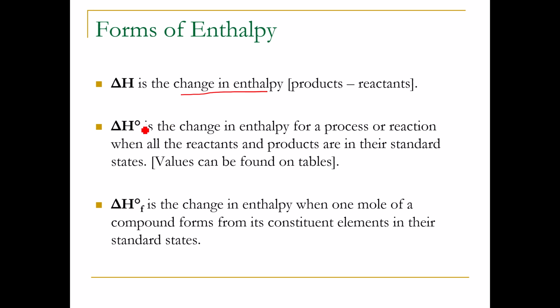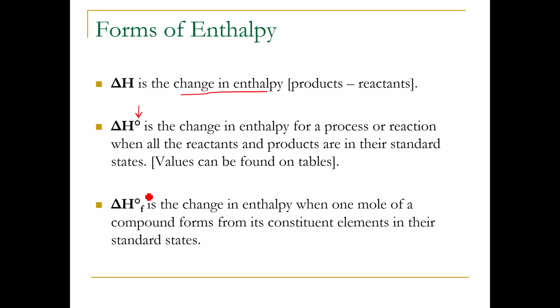If we see delta H with the little 0 next to it, that little 0 indicates standard state. It indicates that this delta H was calculated under standard state conditions. Alright, we're going to talk about what standard state conditions are in a second, but just be able to recognize the little circle means standard state conditions.